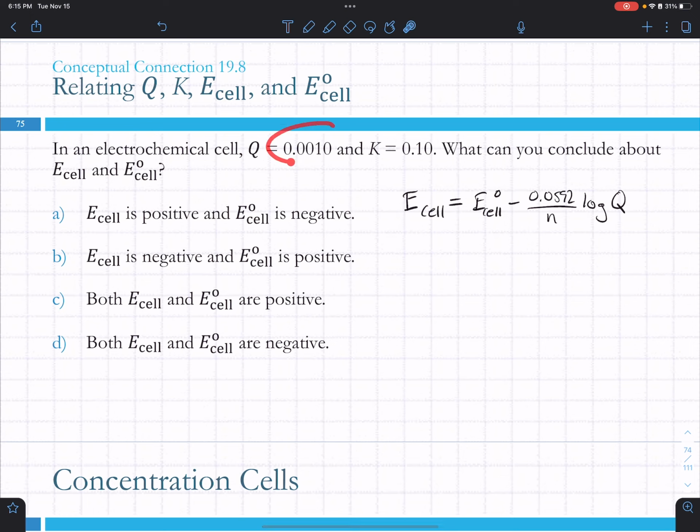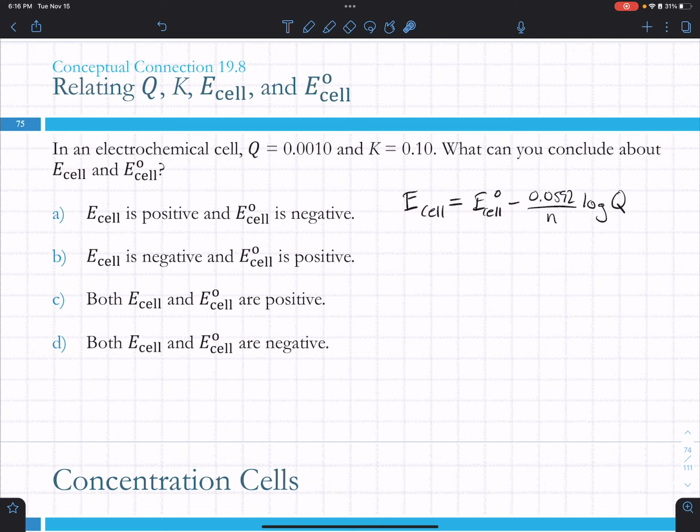So if I put in this number, 0.001, for Q, what does that mean that E cell at non-standard conditions has to be? It can only be positive or negative. It has to be one or the other. You could also just type into your calculator, what is the log of 0.001? Type it in.